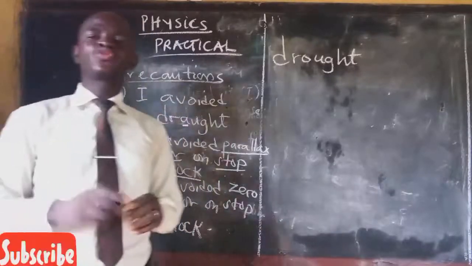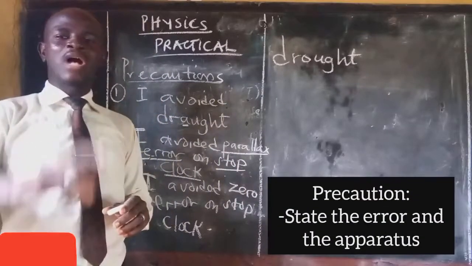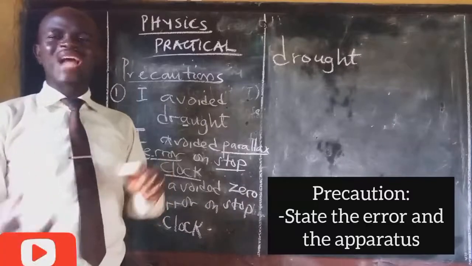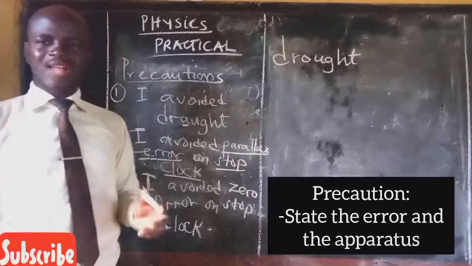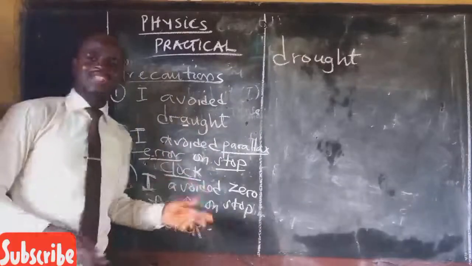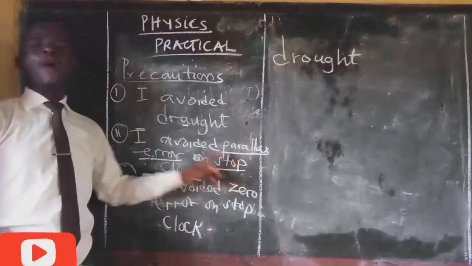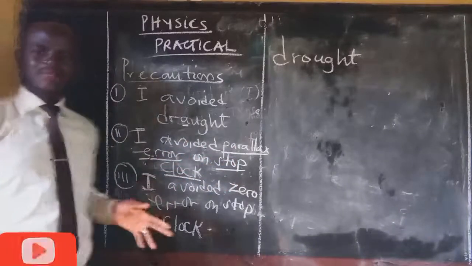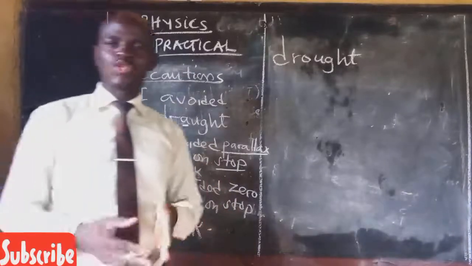Number 3 that you need to take note of is that you must state the apparatus that you are using, and you state the error that is associated with it. For example, you can say, I avoided parallax error on the stop clock. Yes, parallax error is an error that is associated with what?